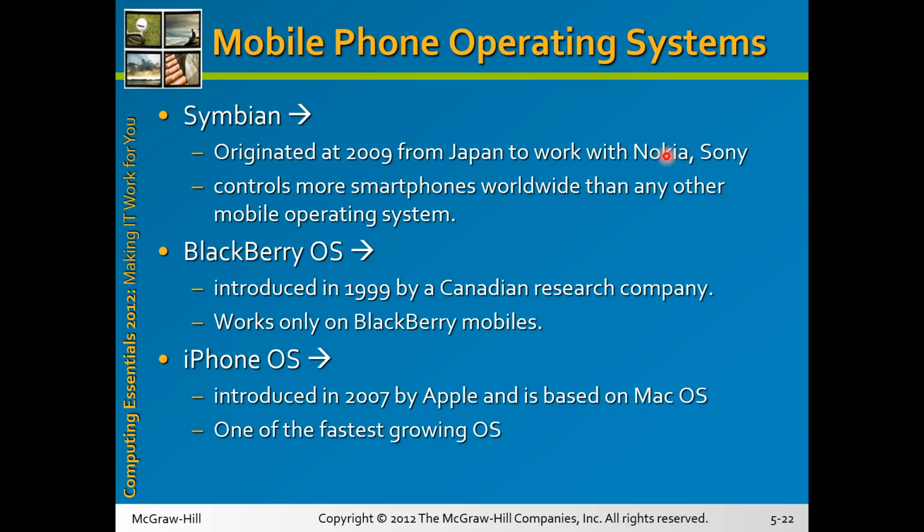It has a very tiny level of errors, and in the same way it is very fast and built for those mobiles that have minimum hardware capabilities. That's why Nokia and Sony took the opportunity to contract with the company that was building that operating system.